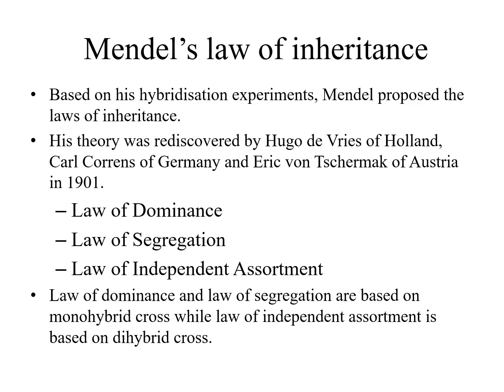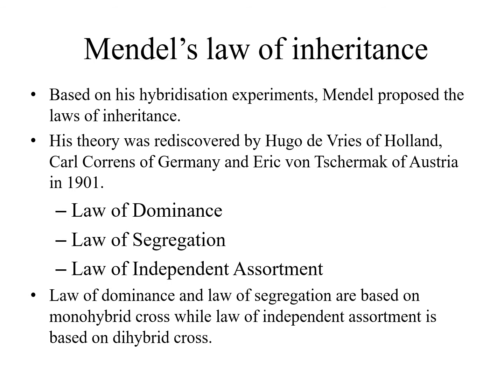Already we saw Mendel's laws of inheritance. Gregor Johann Mendel did experiments using this hybridization technique. Based on that, he came to a conclusion and proposed 3 laws. His theory was rediscovered by Hugo de Vries, Karl Correns and Erich von Tschermak of Austria in 1901.